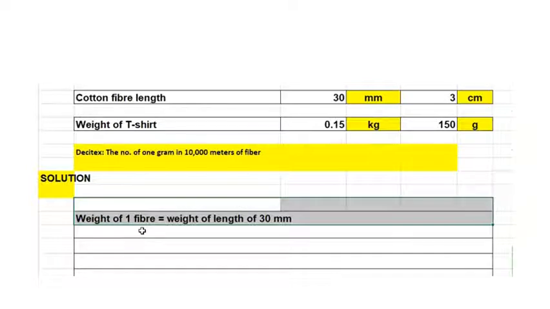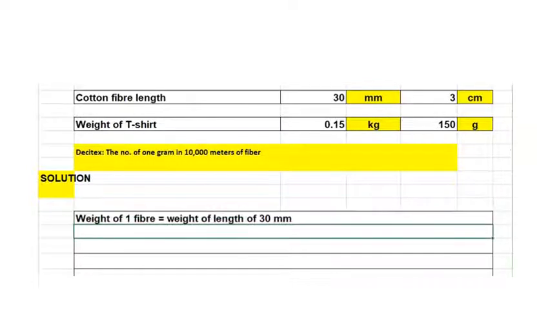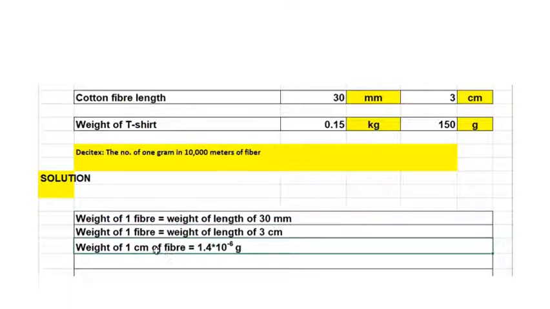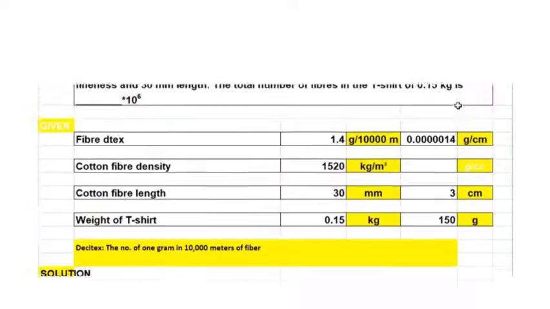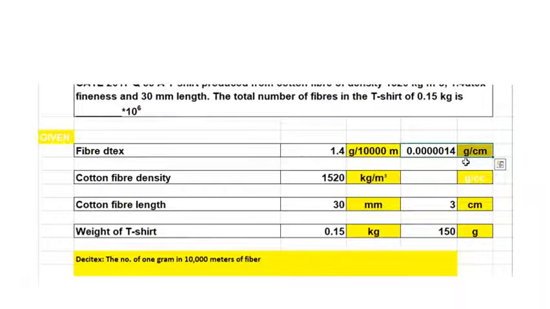So we have to find the weight of the fiber of 3 centimeter length. We will first find the weight of 1 centimeter of fiber, and then go to the weight for 3 centimeter.